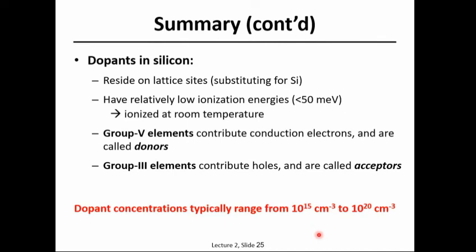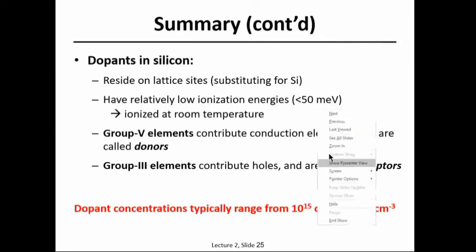Here, when I told you about acceptor or donor, we are not talking about a single atom, we are talking about typical values between 10 to the 15 to 10 to the 20 per cubic centimeter as a doping concentration.